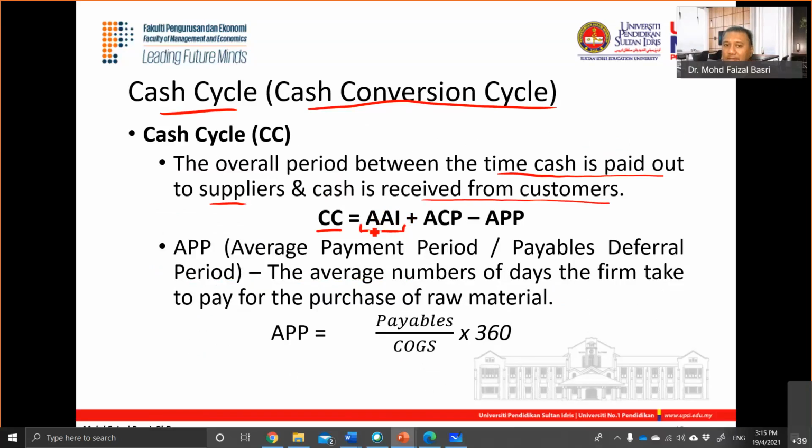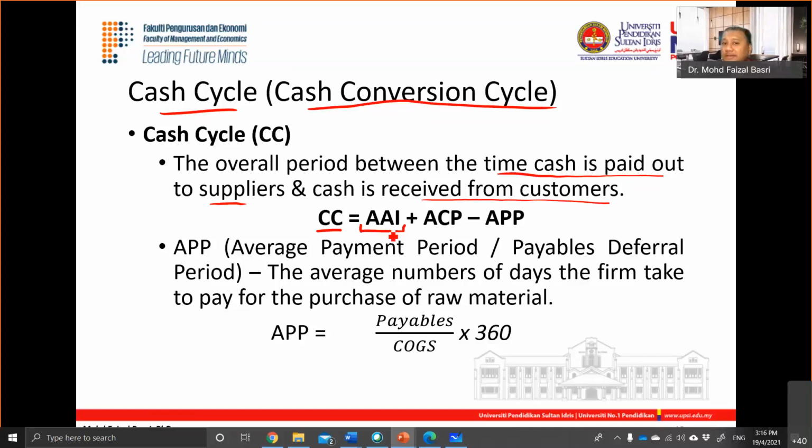It is defined as the average number of days taken from the day you purchase raw material until the day you sell your goods. The sale can be on a cash or credit basis. It doesn't matter, as long as you sell the goods. So that's number one, AAI.